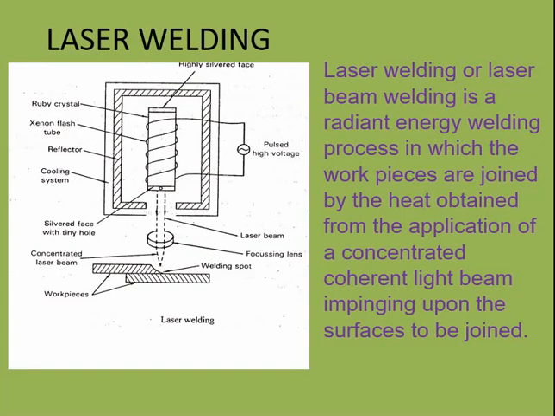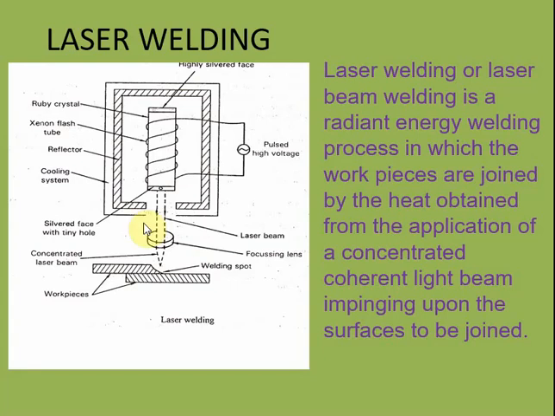We all know that laser beams are very powerful and contain a lot of energy, and if you project it on some surface or body, it will generate tremendous heat. That heat is utilized for the melting of workpieces to get the required welding.